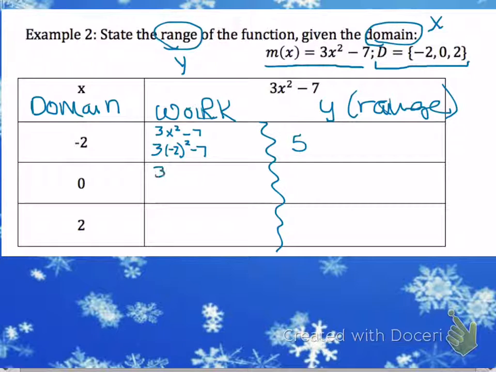For the next domain value, I have 0, so I'm going to plug that in. And I get -7. For the next domain possibility, I have 2. And again, I get 5.